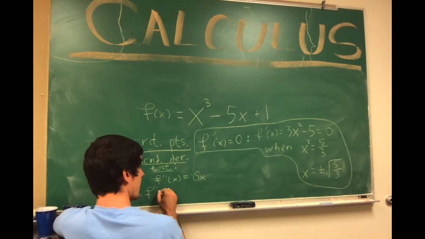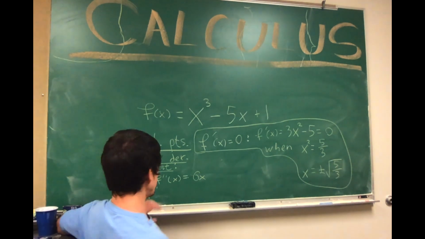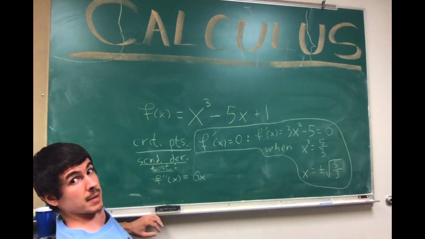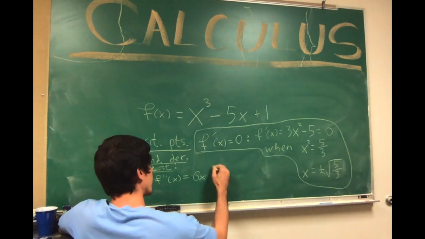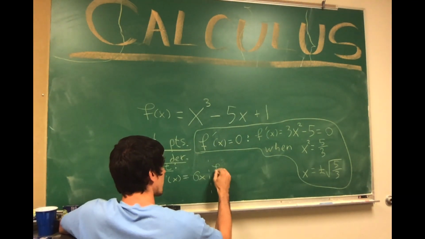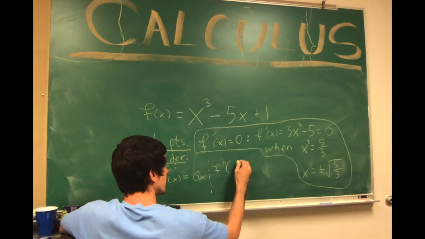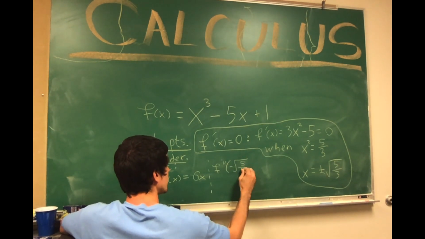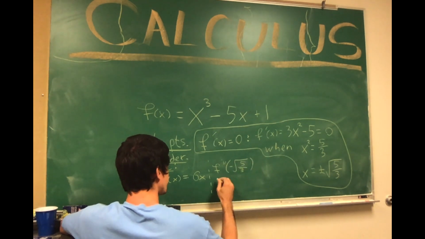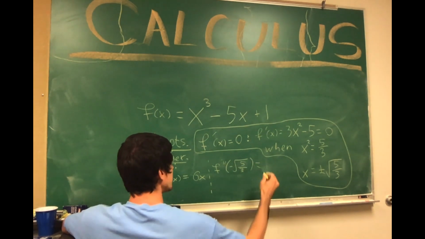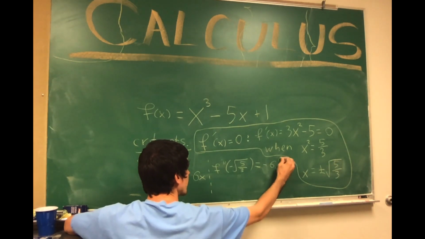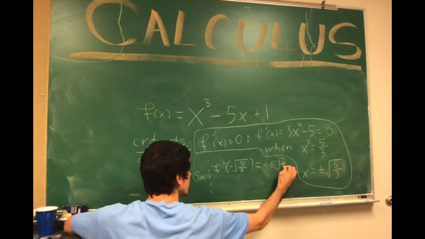So f double prime, can you see that? Maybe I will write it up. f double prime equals 6x. Right. So I'll write over here. f double prime of negative square root of 5/3 equals negative 6 times the square root of 5/3, which is of course negative.